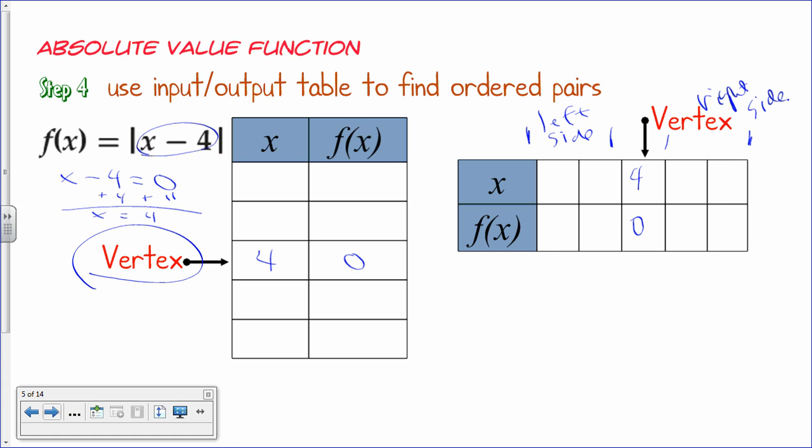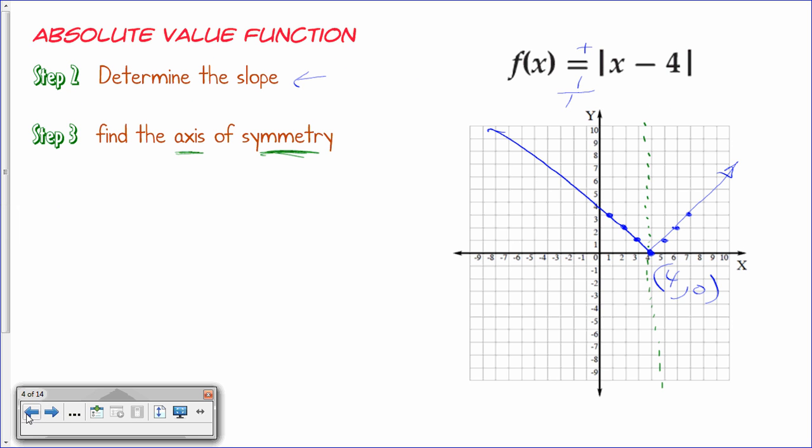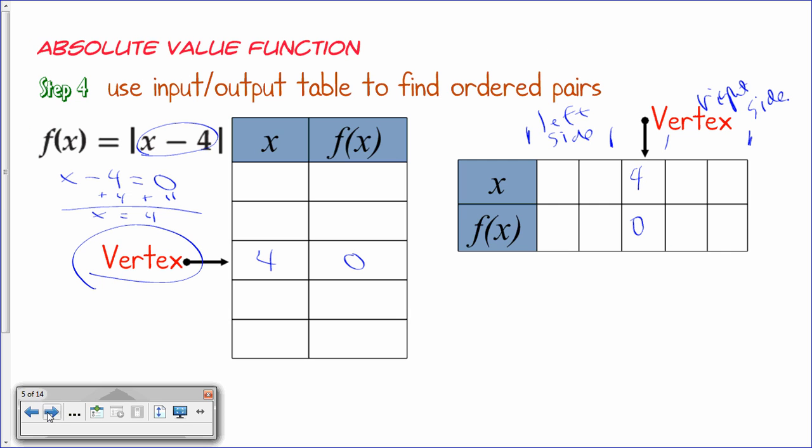So if I go back to my graph over here, what's the next number to the left of 4? What's the next number to the left of 3? What's the next number to the right of 4?